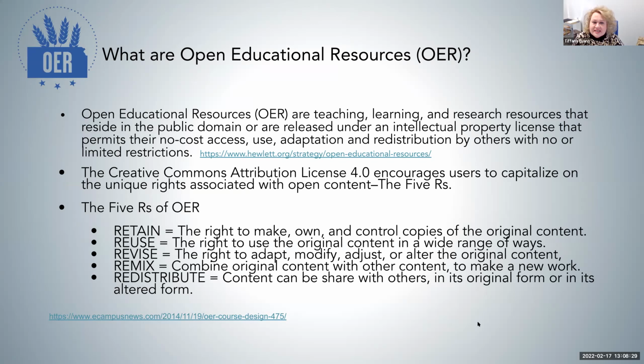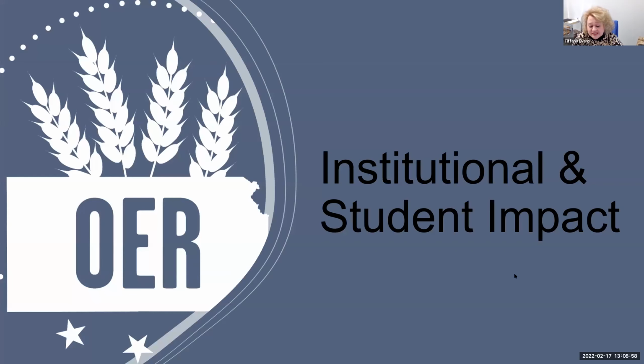But the whole idea is, you as an author can retain your own rights and control how your work is distributed. The reuse part is amazing. That's your way of sharing. Revising is allowing others to make modifications and alter the original content, make new content. It also comes into remixing, and that whole redistribution, that whole sharing, that's really what it's all about.